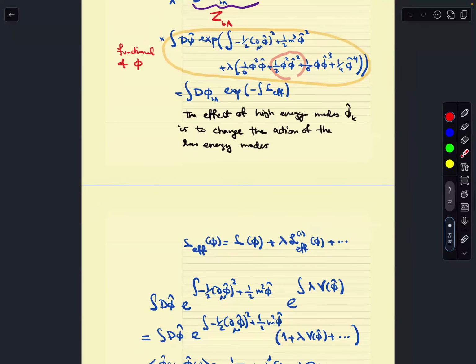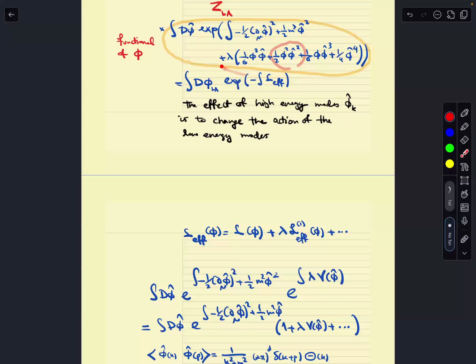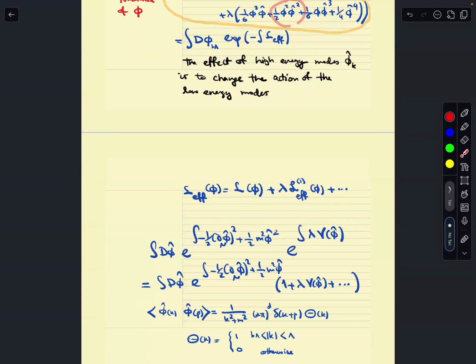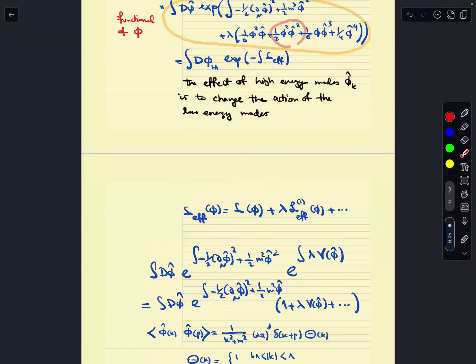So what we have is an integral over d phi hat, e to the minus (del mu phi hat) squared plus half m squared phi hat squared. And then these terms we're going to treat as interactions, in a sense. So it's an exponent, we could expand it. This is 1 plus lambda V of phi plus and so on.